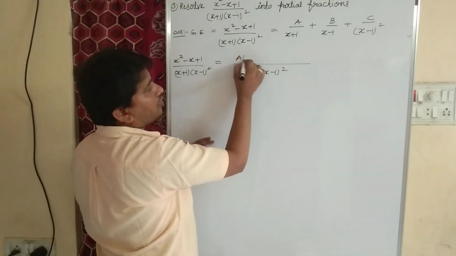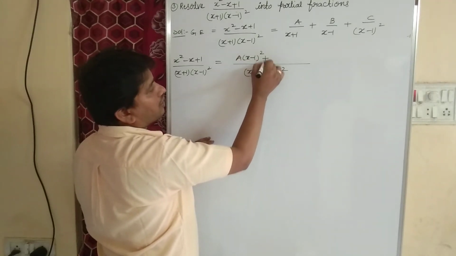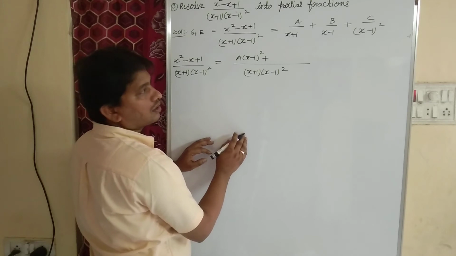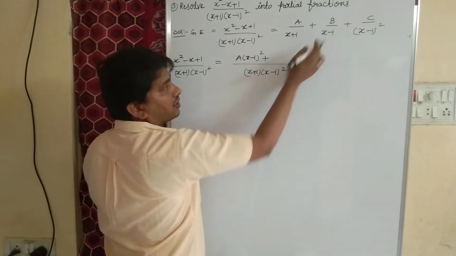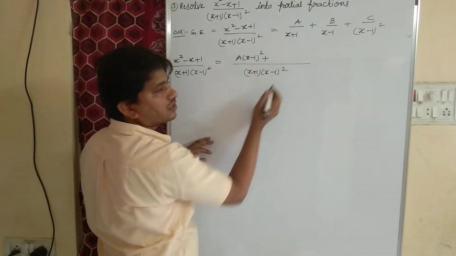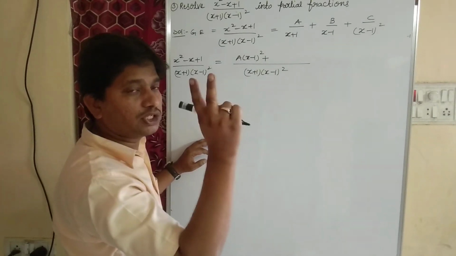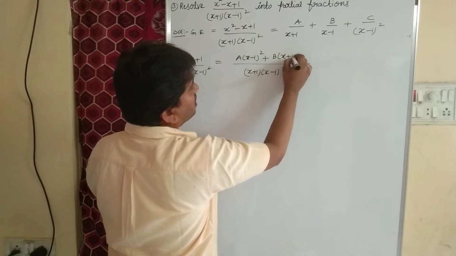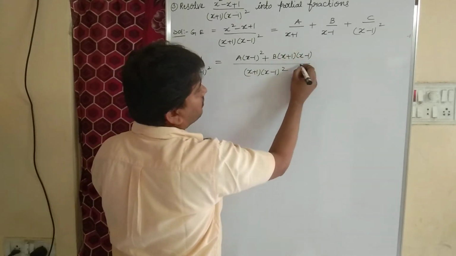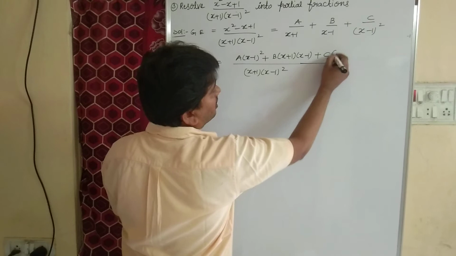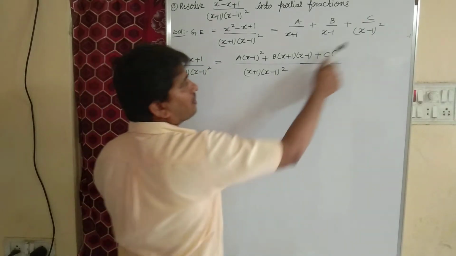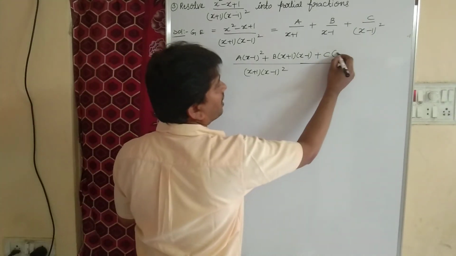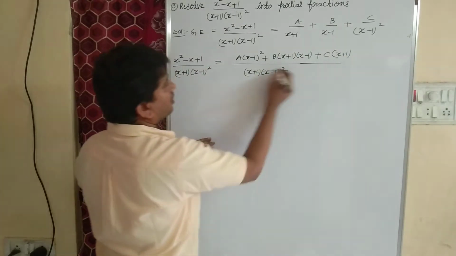I mean a into x minus 1 whole square plus, as we have only one x minus 1 here, and x minus 1 whole square means x minus 1 into x minus 1, two times, we don't have the x plus 1 term and one more x minus 1 term, so b into x plus 1 into x minus 1, plus c into, already we have the x minus 1 whole square term, the remaining term is x plus 1.